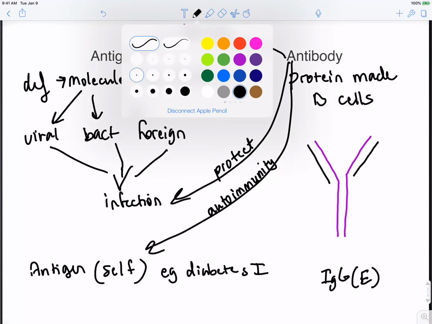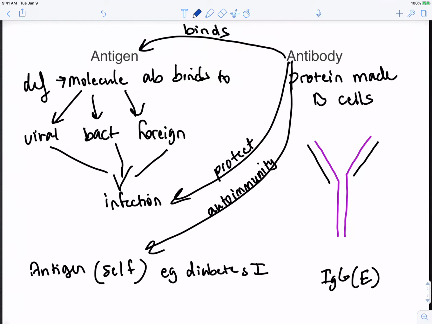Now, what's important about the antibody is its function, of course, because it's going to protect or cause autoimmunity, and it has to do this by binding the antigen. So the antigen binds at the point where the heavy and light chain meet at the ends of the Y. So these are the antigens. Okay, and so there are these blue circles that this antibody binds to.